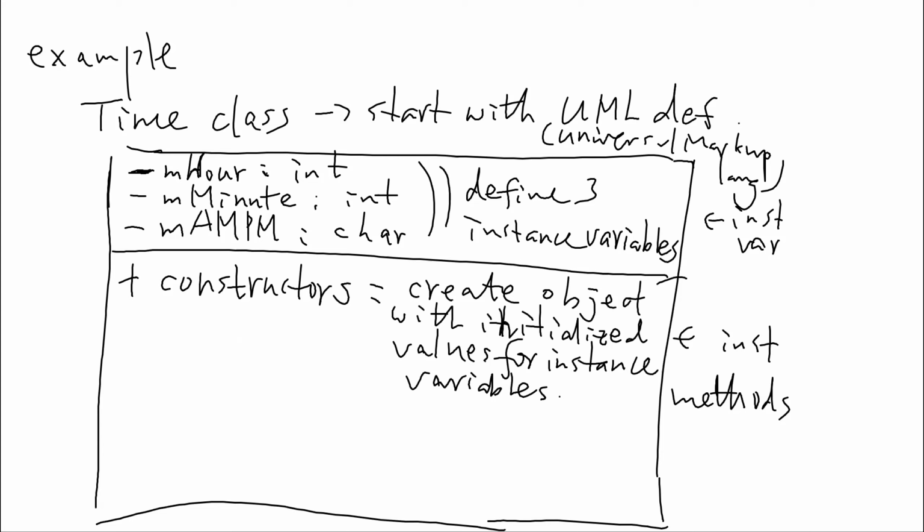Okay, so it will lead to our example. For the time class, just think about your clock or your watch. You can view its hour, its minute, and whether it's morning or afternoon. So basically, you will know all three fields. What kind of operation can provide that?